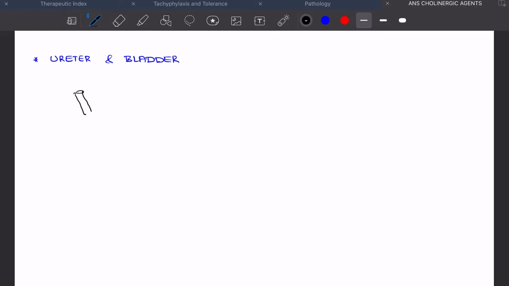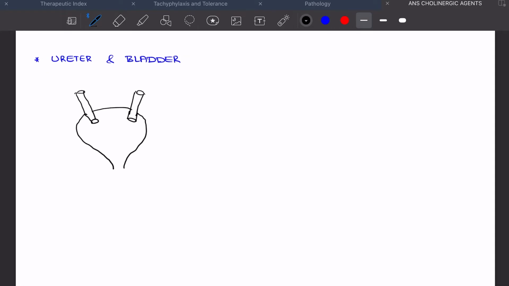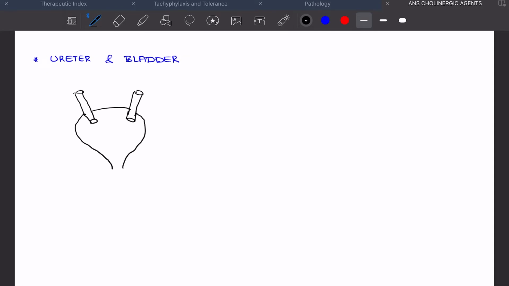If this is the ureter, this is a simple diagram. You can also write it in exams to score better marks. You need not be a good diagram writer. If you are able to manage with a simple diagram, that would be fine. So let us see what is happening here.